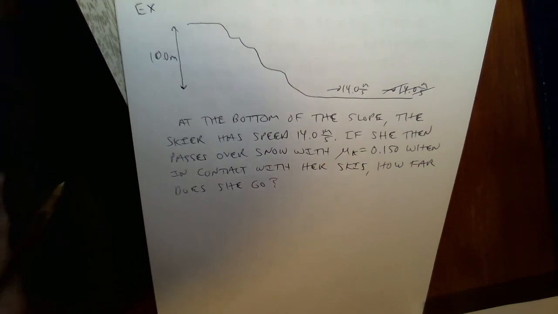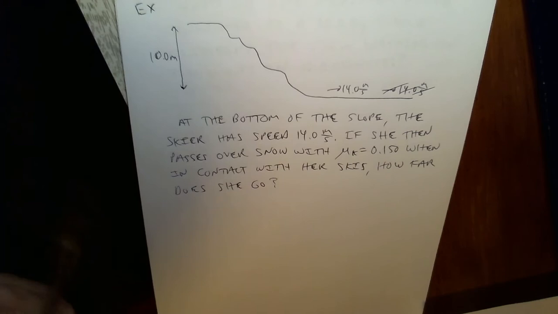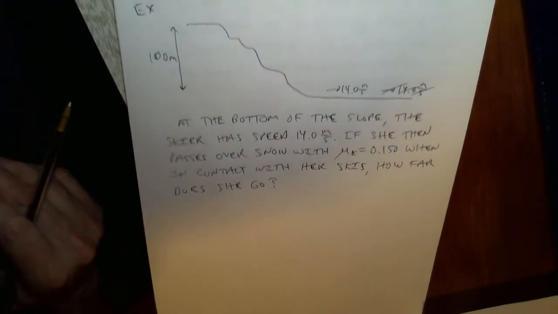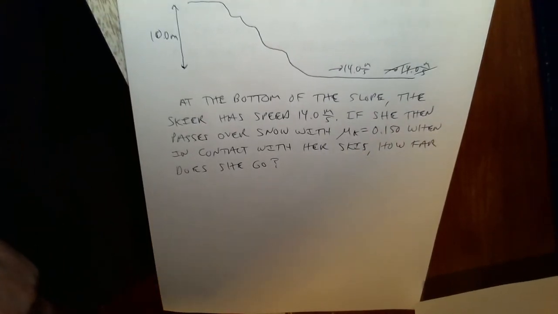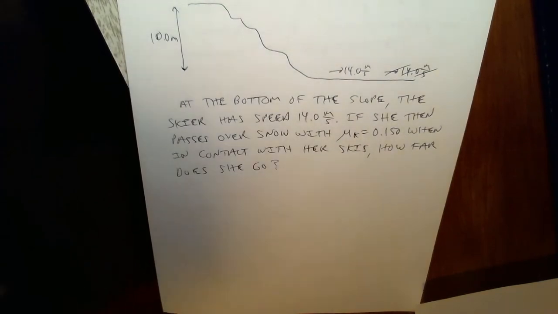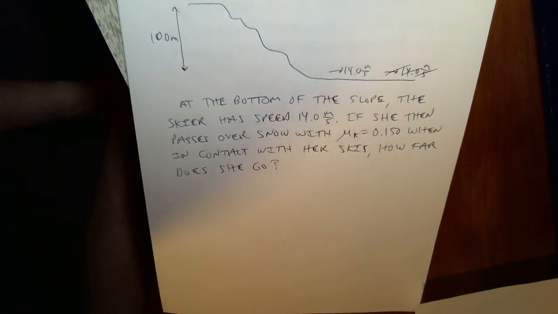It might be less than 0.15. Yesterday we were talking about tires in contact with dry asphalt having one value of mu sub s, and tires in contact with wet asphalt having another one. And so coefficients of friction exist for pairs of substances in contact. In any case, there's a coefficient of kinetic friction equal to 0.15 that applies.